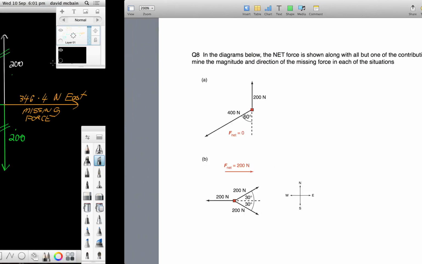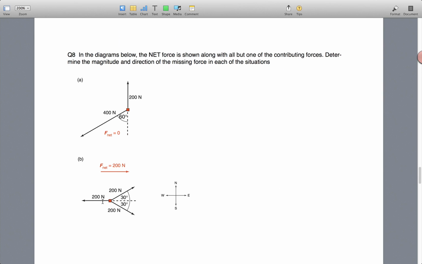Right, the second problem, we've got three 200 Newton forces and these two are acting at 30 degrees to the easterly direction and the net force is 200. So let's see what's going on there.